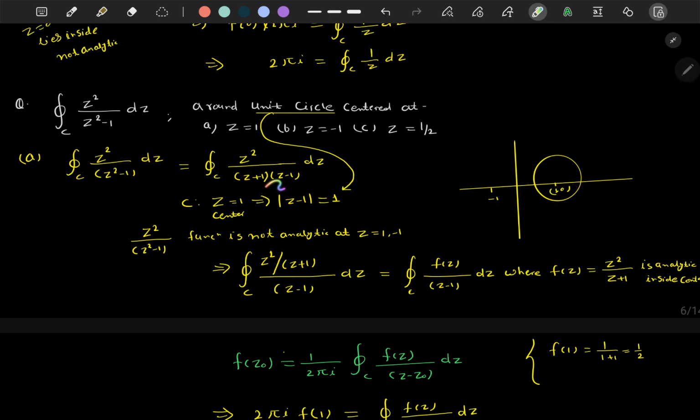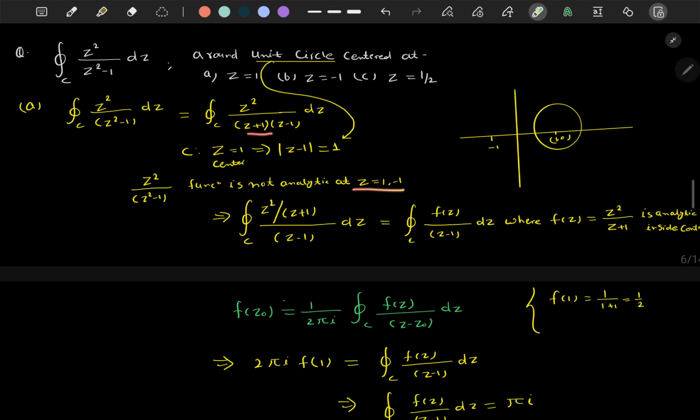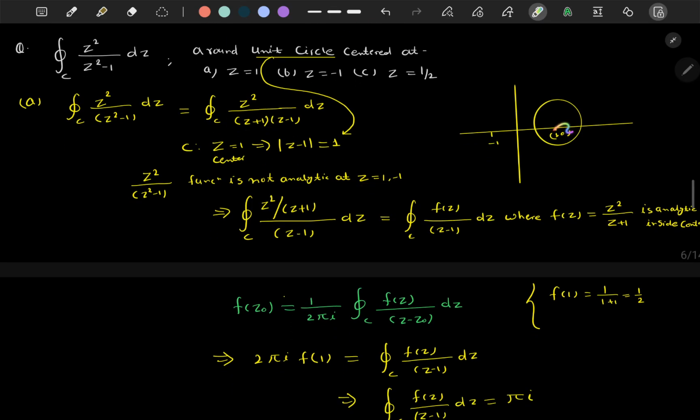contour C. So z equal to 1 lies inside the contour C and the function is not analytic at z equal to plus and minus 1, so we will arrange this function in such a way that this will be f of z and this will be z minus 1.